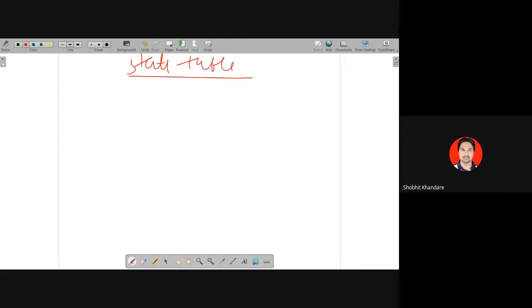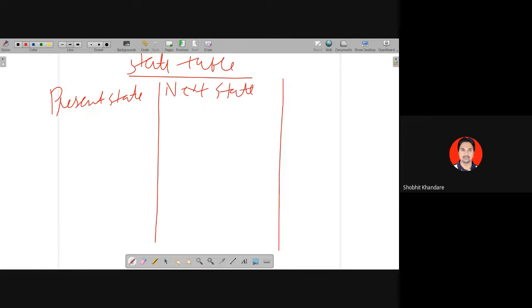See the state table. You have a present state, you have the next state, and you have the output. So, present state, next state, and output.